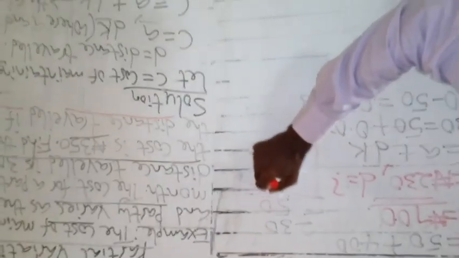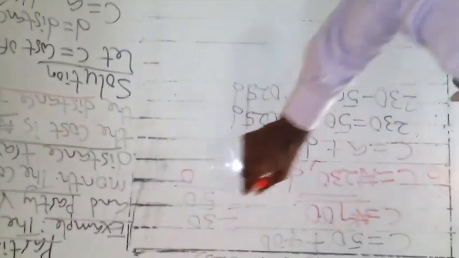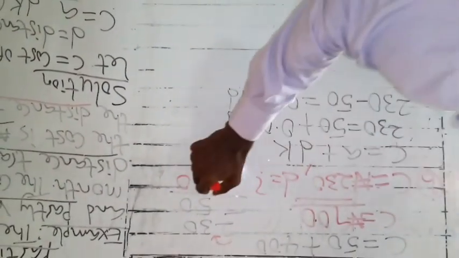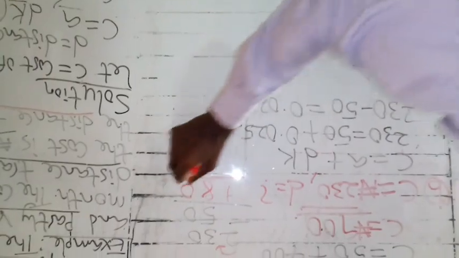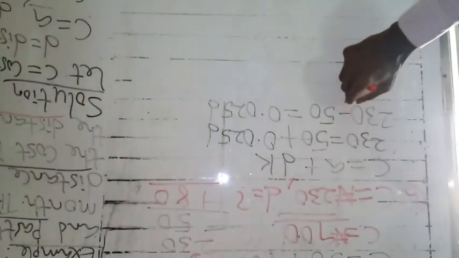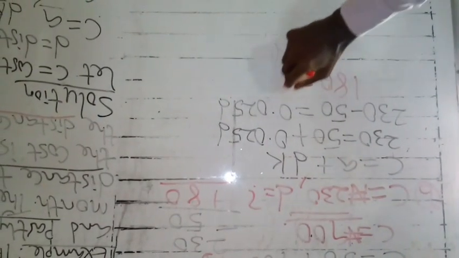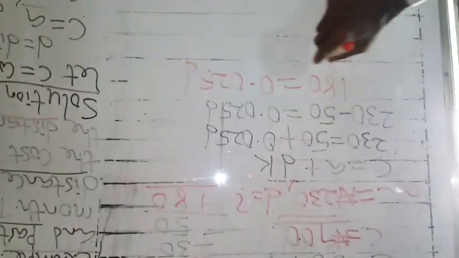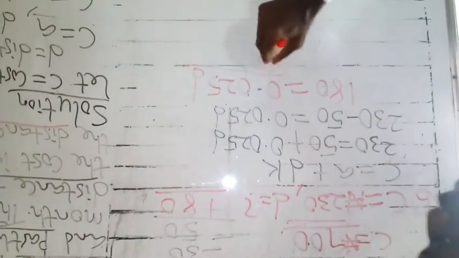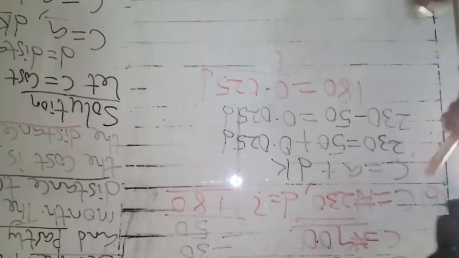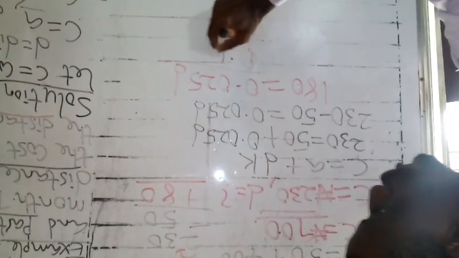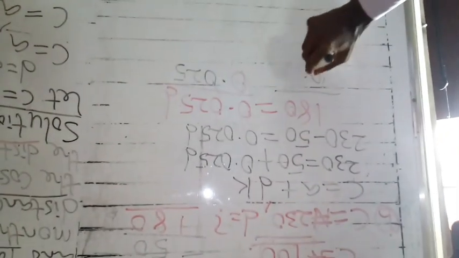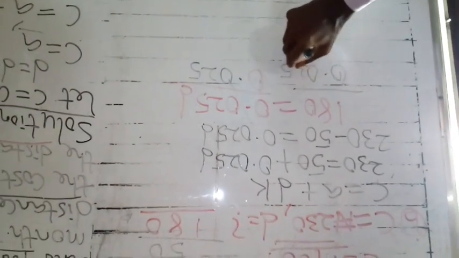0 minus 0, that's 0. 3 minus 5, impossible. You move 1 here. 13 minus 5, that is 8, and we have 1 remaining here. Now we have 180 equals 0.025D. We divide through with 0.025, also with 0.025.